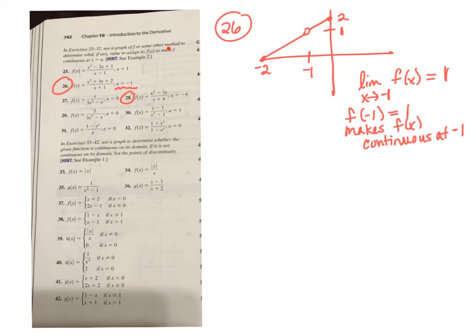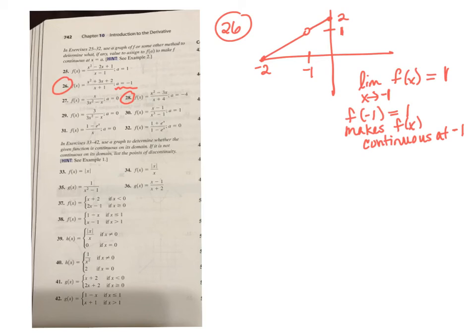The question is saying use a graph of f or some other method to determine what, if any, value to assign to f of a to make f continuous at a. For it to be continuous, this needs to be defined, and the limit has to exist. As x approaches -1 from the left, our function approaches 1. As x approaches -1 from the right, our function approaches 1.